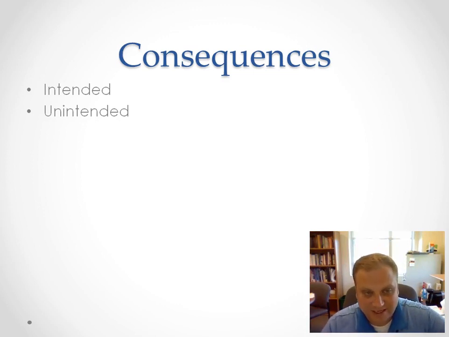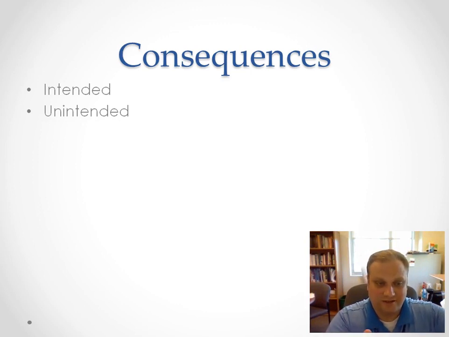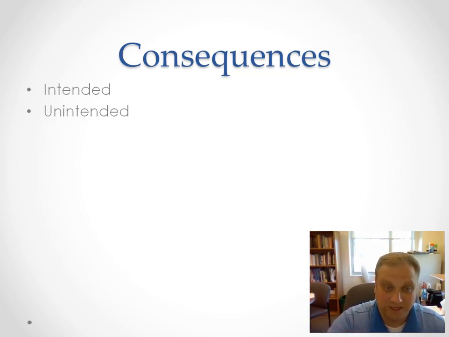Two, if it did, did the policy actually make that happen, or did it happen in spite of the policy, which could happen? So making sure that there has to be a strong correlation between the two. And then three, what were the unintended consequences of the policy?